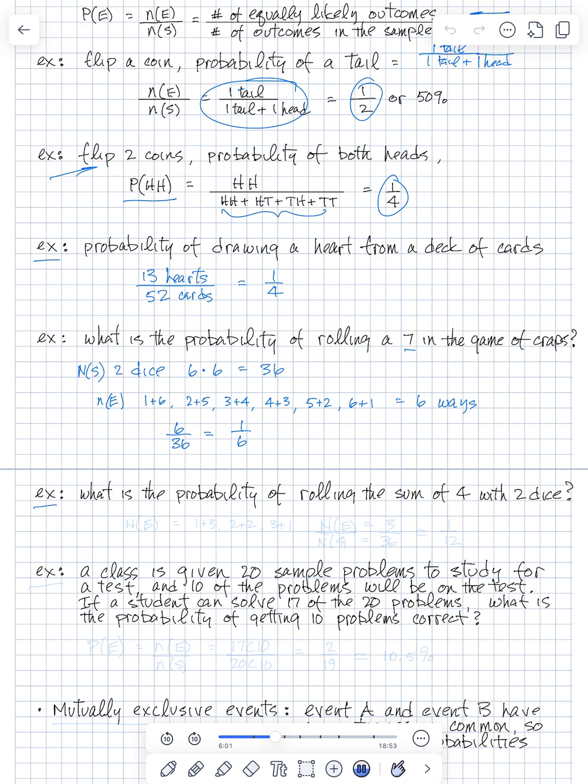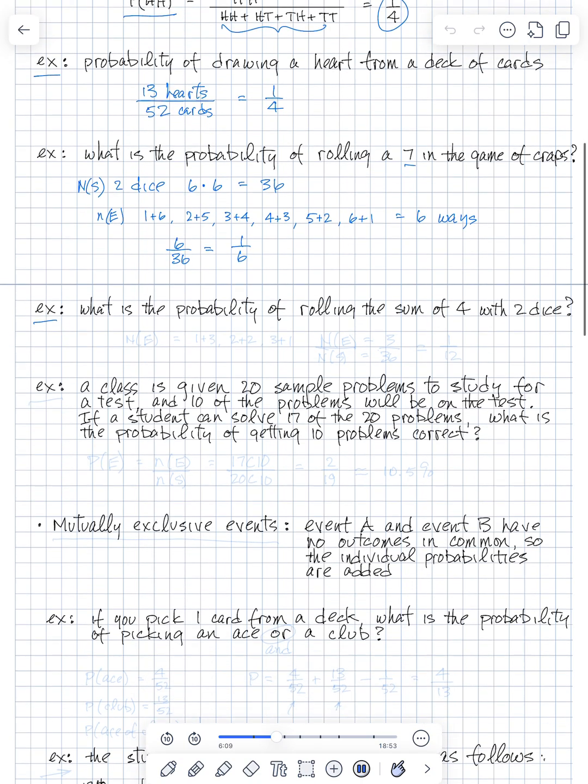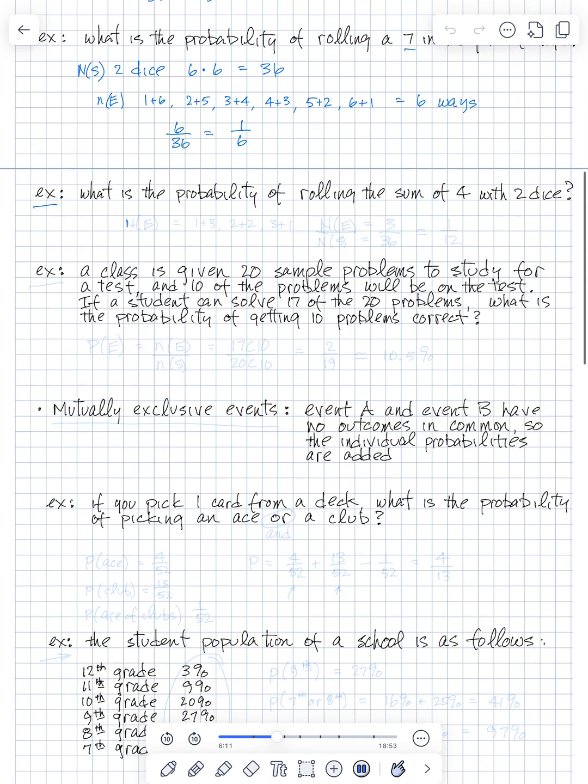Looking at the next example, what's the probability of rolling a sum of 4 with 2 dice? So the outcomes: how do we roll a 4? We can roll a 1 and a 3, a 2 and a 2, or a 3 and a 1.